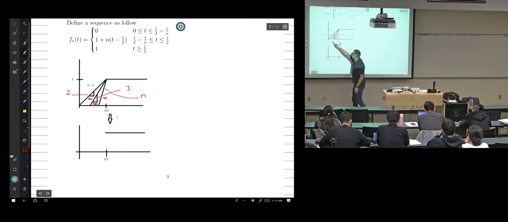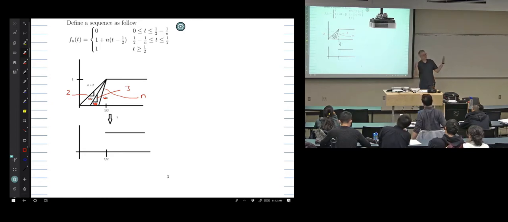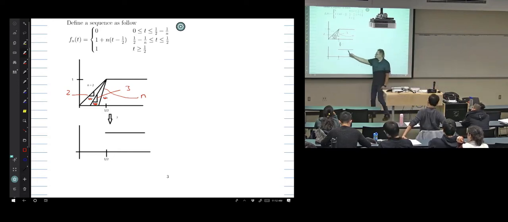So these are continuous functions. Each rises up over the distance 1/2 minus 1 over n and goes flat. Everybody see what the functions are? You can check the formula; it's not so interesting. Now, if you had to guess what this sequence is approaching, it would be this.